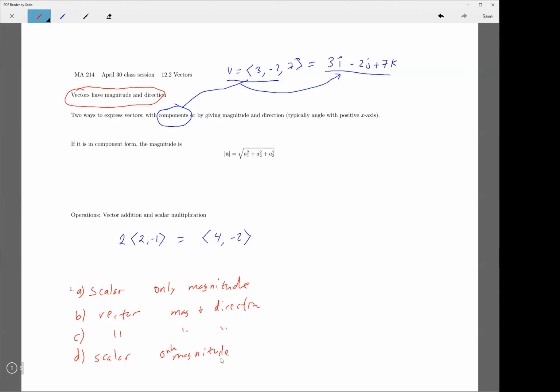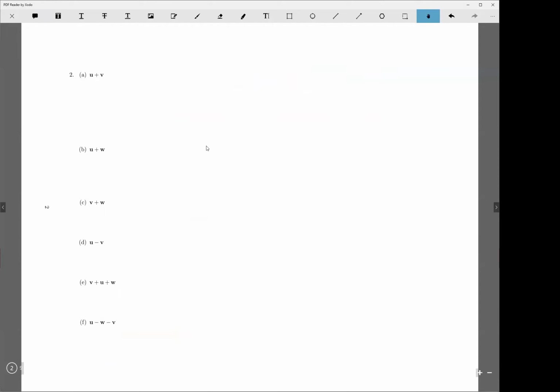Okay, number 2. They give us some vectors. I guess this is another way of expressing vectors. So here we have U is this right here. U goes like that.